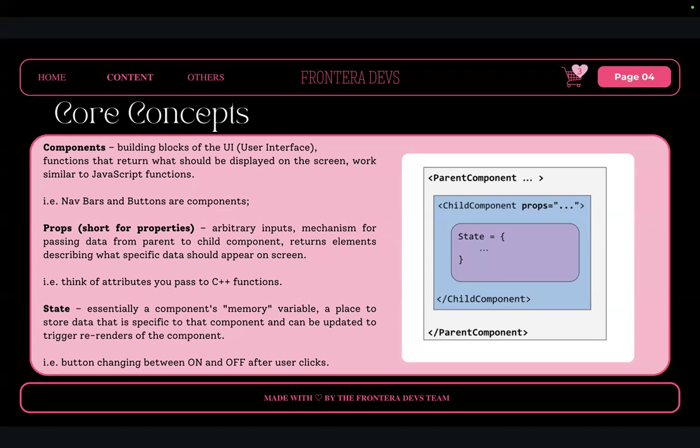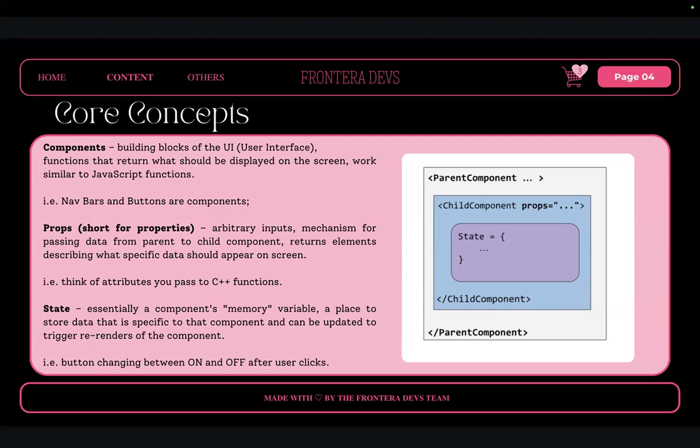State is going to be a component's memory variable. So a good example that we have here is like a button changing between on and off. But these states are reacting to user input. So it'd only be after the click that the state changes. So that's a very easy explanation of what a state would be. So for example, I have this cart over here.